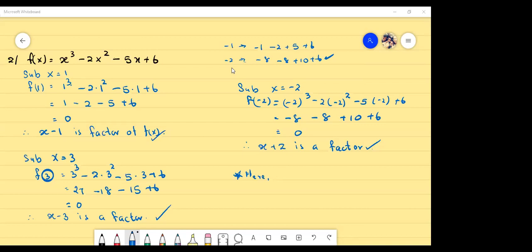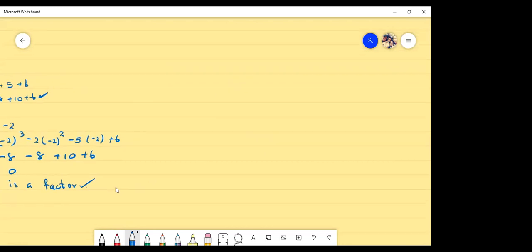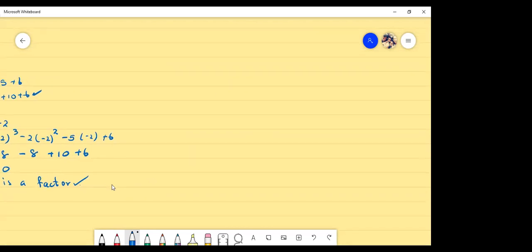Okay, then I come to method number 2. Here we have f(x) is x cubed minus 2x squared minus 5x plus 6.